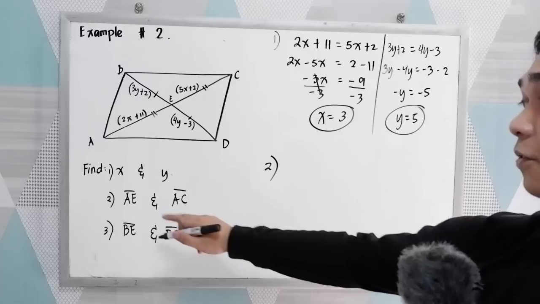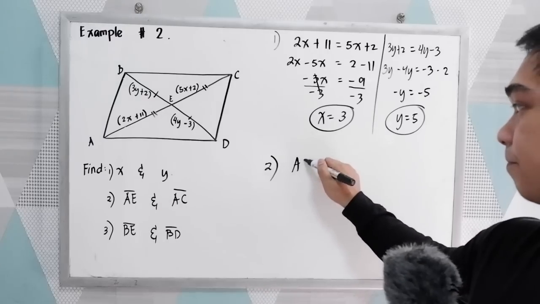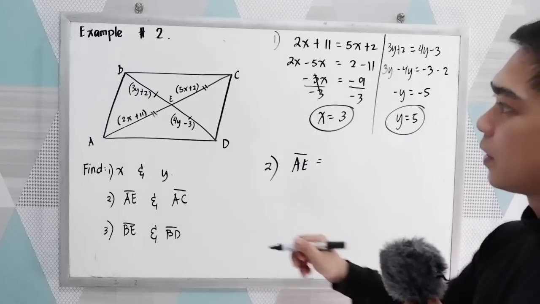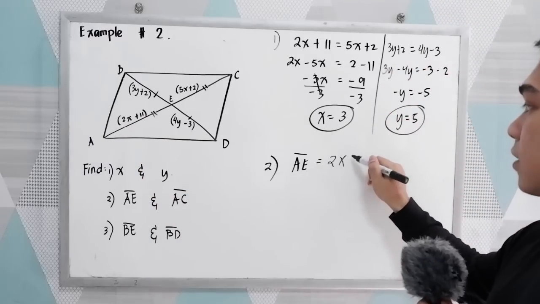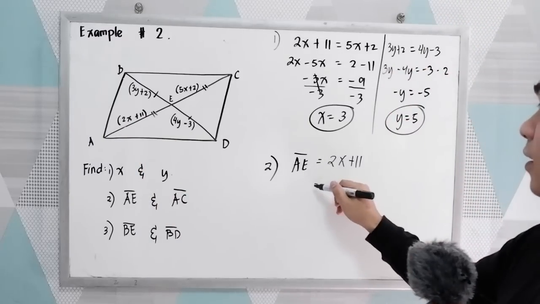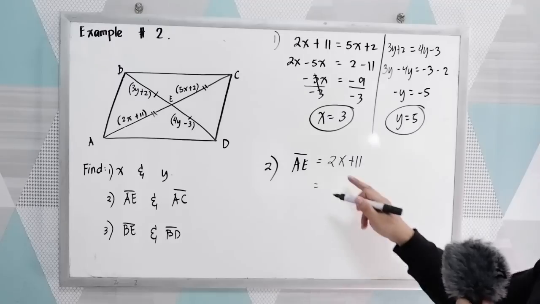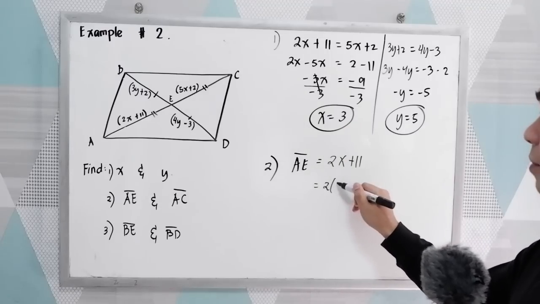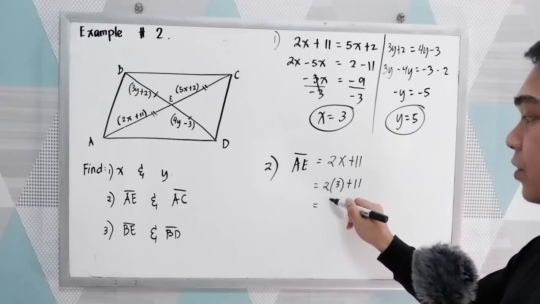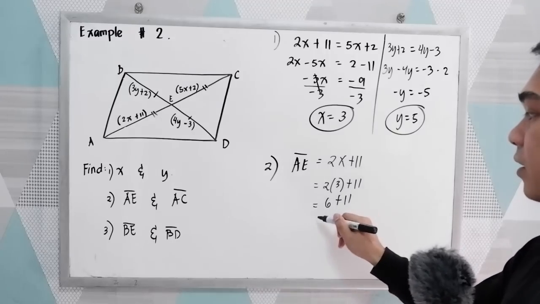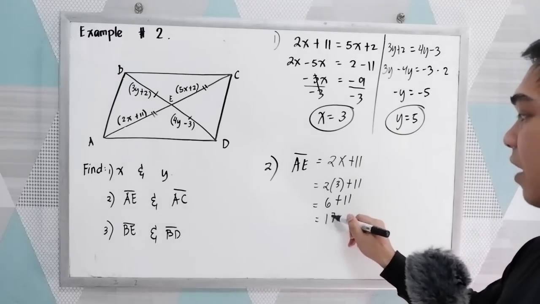Next, find AE. AE is 2x plus 11. Now substitute the value of x. So 2 times 3 plus 11. 2 times 3 is 6, plus 11, so we have 17.